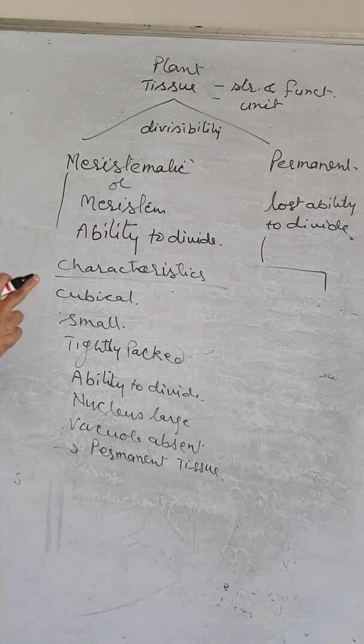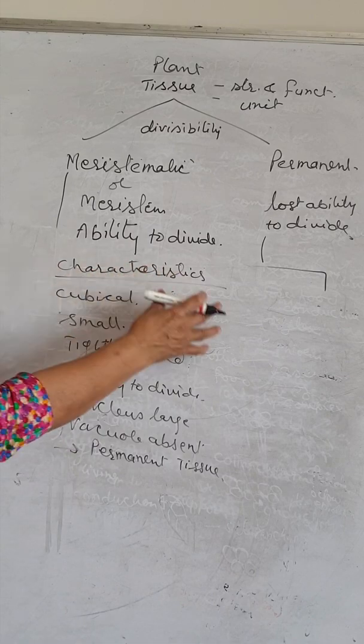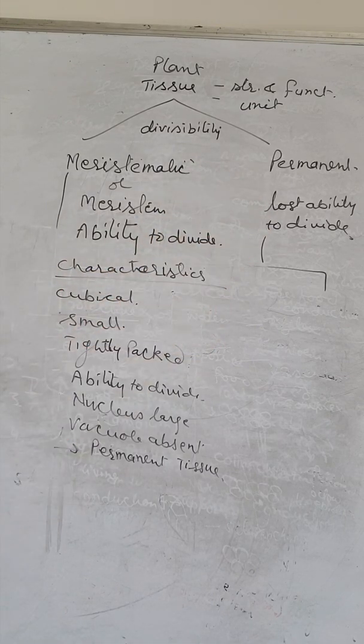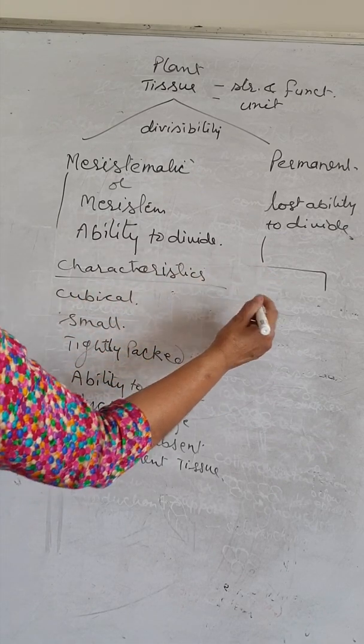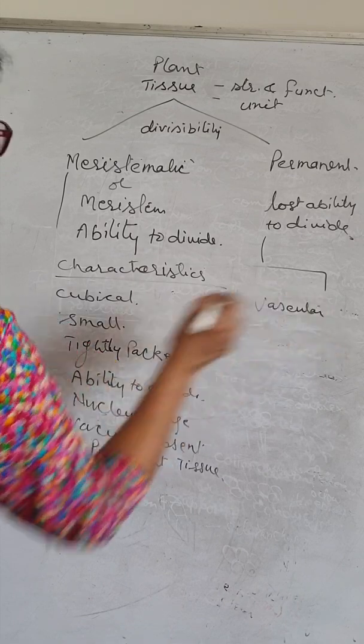Cells are cubical, small size, no intercellular space. They have the ability to divide, nucleus large, vacuole absent, and when they lose the ability to divide, they form the permanent tissues. Now we discuss in detail the conducting tissues or vascular tissues. It means the xylem and phloem.